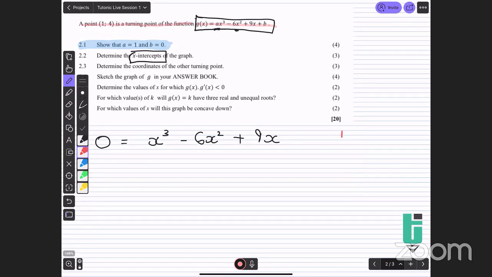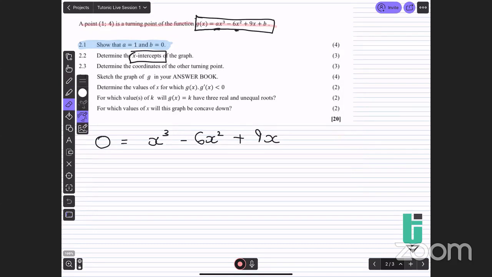Exactly. Does anybody know of a factor? I can check quickly. Yes, it's 3. Great, so it's 3. Technically 3 is the root, not the factor. The root is what you sub in. What's the factor if the root is 3? X minus 3.